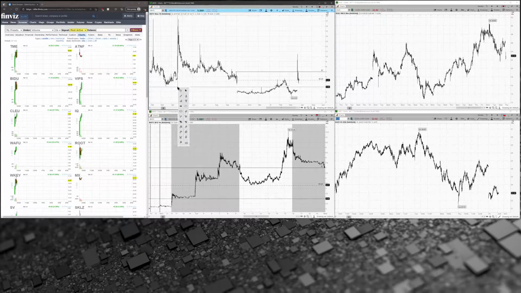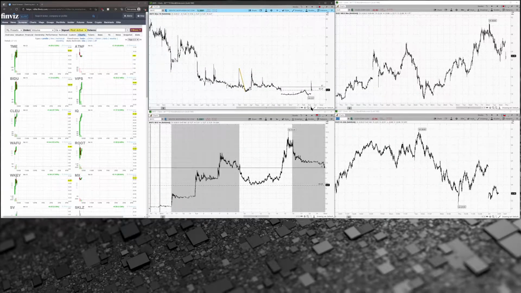All right, so we have this primary move, which lost support. Any move down from here, if we get above that, we will have broken resistance. So this could be considered another move, even though it did not go above this high.